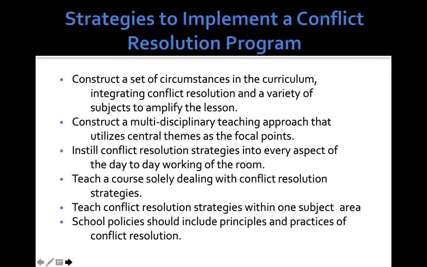Some schools have an entire course solely dealing with conflict resolution strategies. So that's one option. Or you can teach conflict resolution strategy within one subject area.